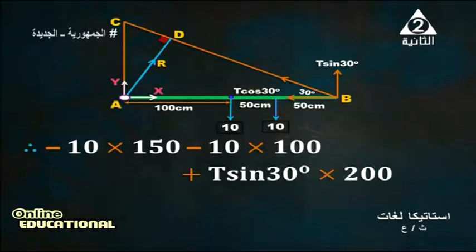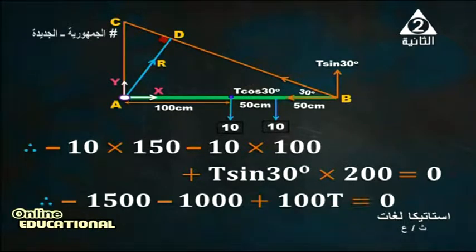The tension T sine 30 we multiply by 200, the distance between B and A.